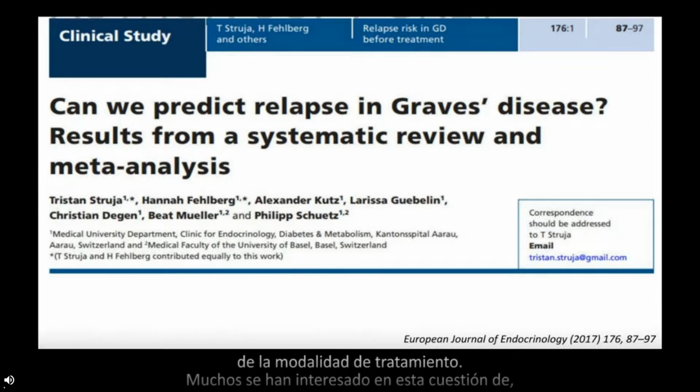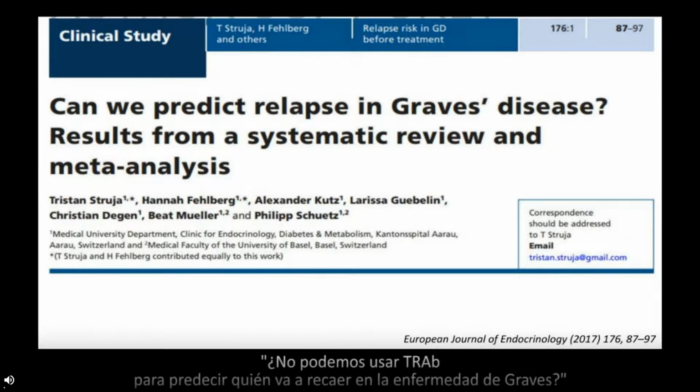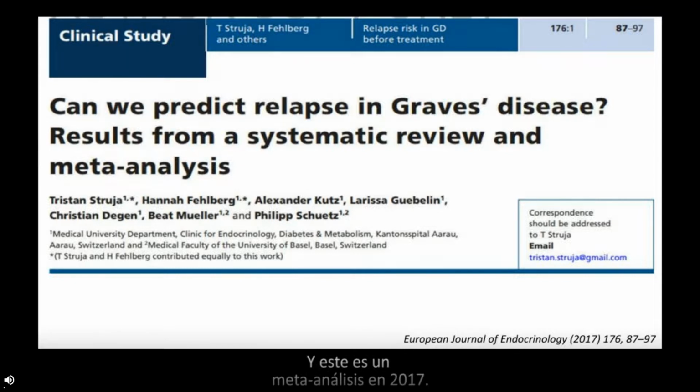Many have been interested in this question of, can we not use the TRAB to predict who is going to relapse in Graves' disease? And this is a meta-analysis in 2017.